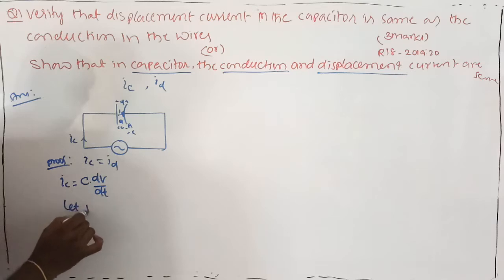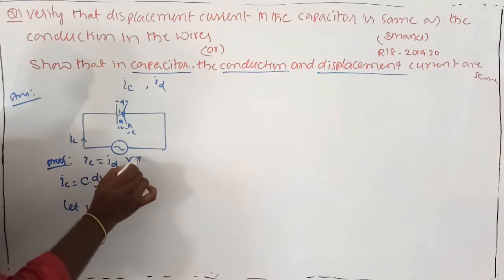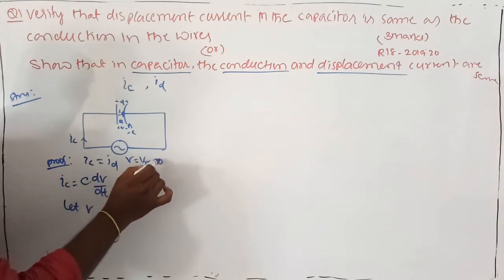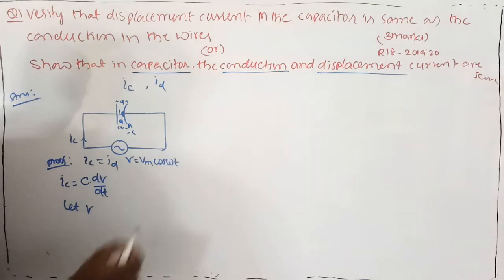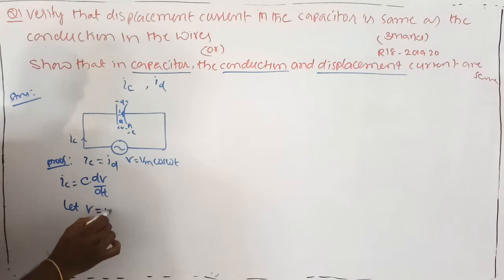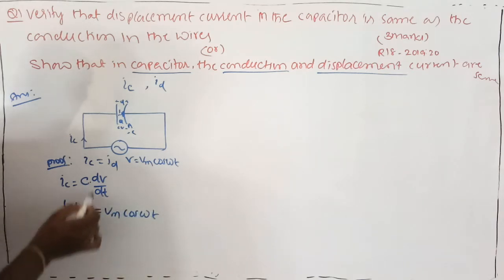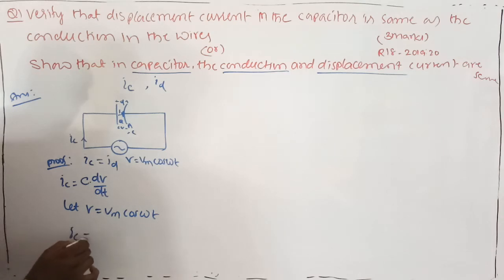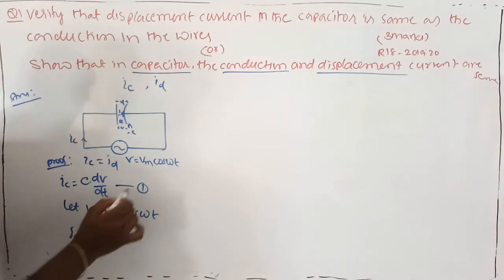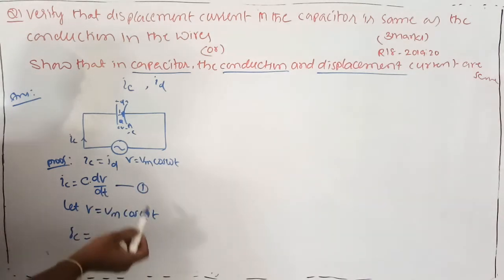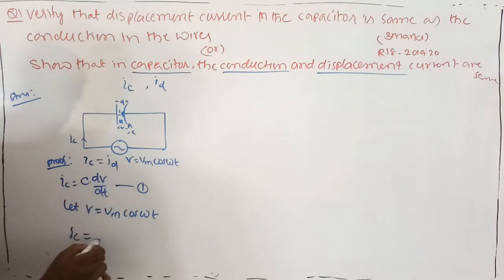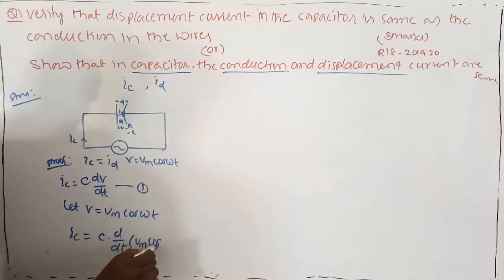Let the voltage source here be considered as V is equal to Vm cos omega t. Let us consider this as equation 1 and substitute V is equal to Vm cos omega t in 1, so that we get C into d by dt of Vm cos omega t.